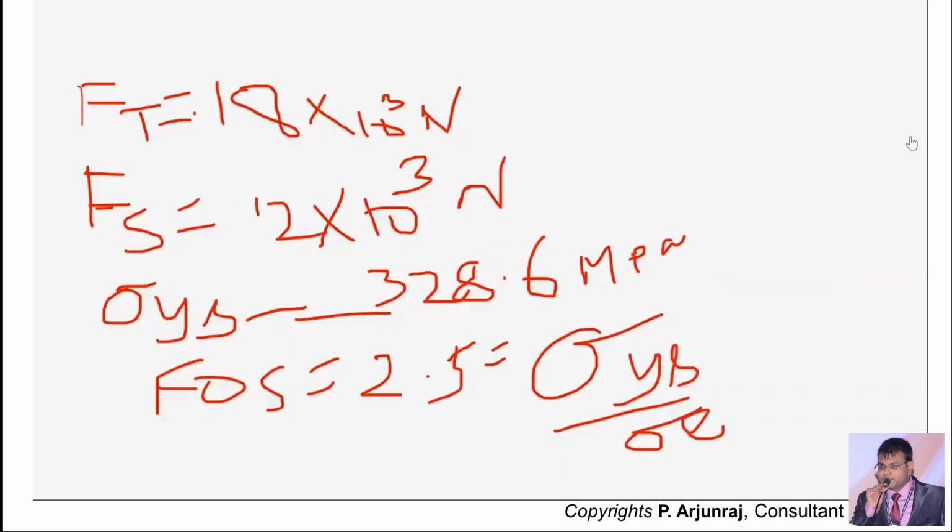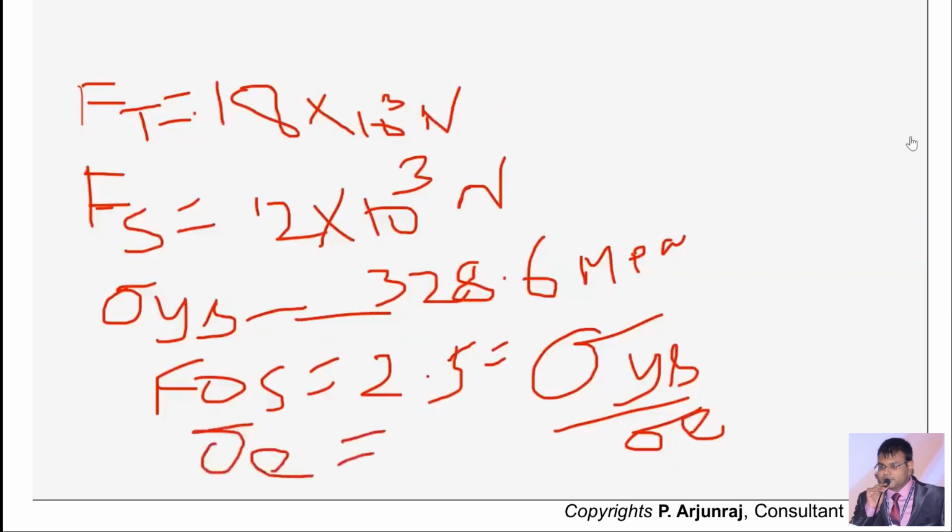So 328.6 divided by 2.5 will give you the equivalent stress value, sigma e.